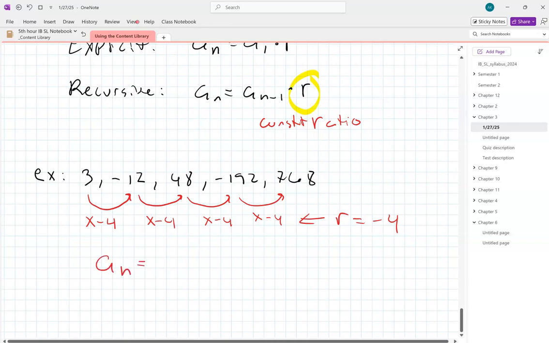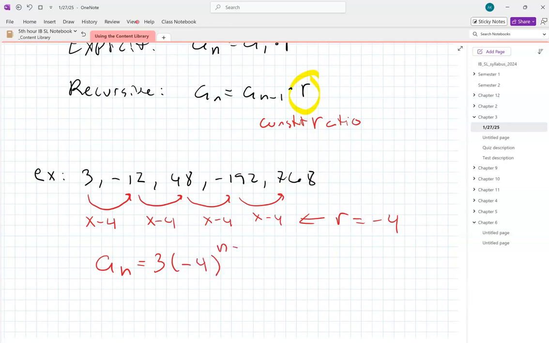So my explicit formula is just going to be the first term times r to the n minus 1. Or my recursive would be 3 times the previous term, where the first term is 3.